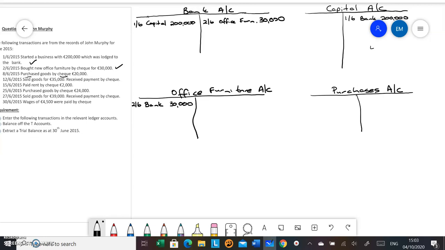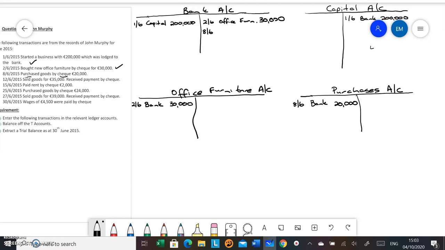So on the 8th of June, purchases were acquired by cheque. So you will be making reference to the bank for €20,000. And again, because you've paid for those purchases by your cheque, you are reducing your bank balance, you're reducing your cash balance.